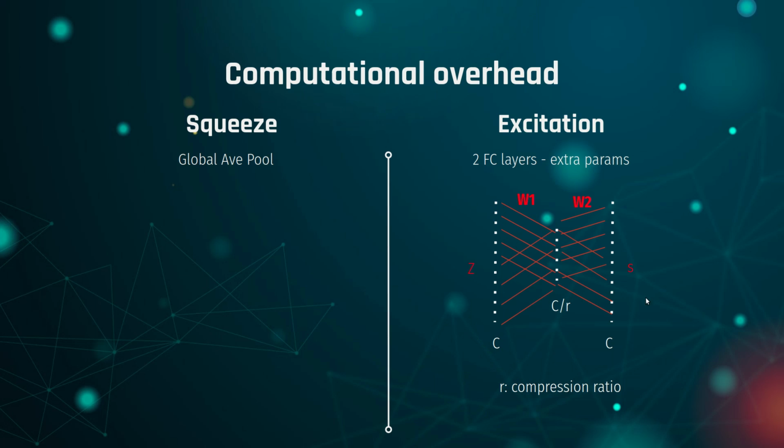This is just a practical trick. But from the high level, it introduces extra parameters, which are this W1 and W2, which we need to learn, and that is the additional computational overhead. But in general, these two operations produce a really minor computation overhead, but they increase the performance, so it's worth doing.